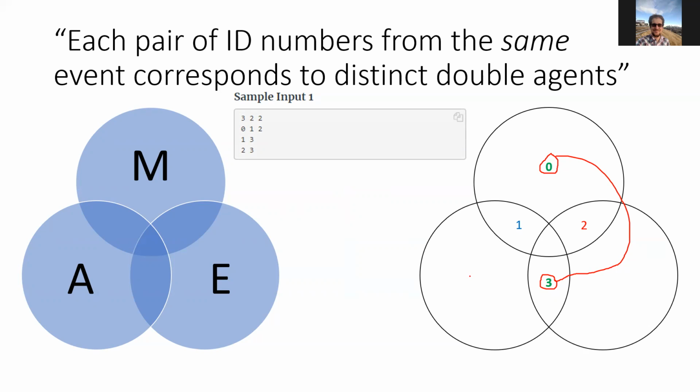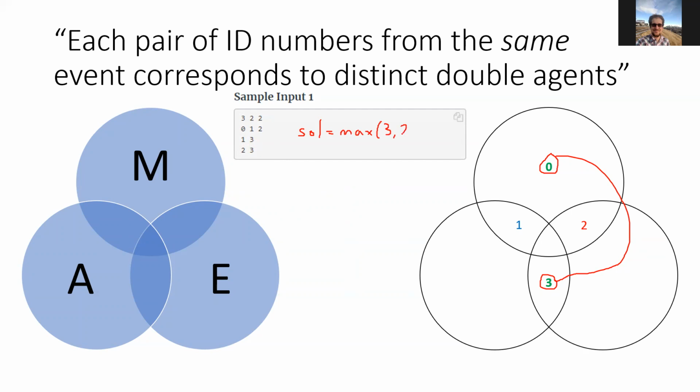Now, one thing that you could notice here is that the morning event had 3 double agents, and as I mentioned earlier, that means there has to be at least 3 distinct double agents in total. The afternoon event had 2, so there has to be at least 2. Evening event has 2, so there has to be at least 2. So maybe the solution could be that we just take the maximum of the morning, afternoon, and evening attendance.